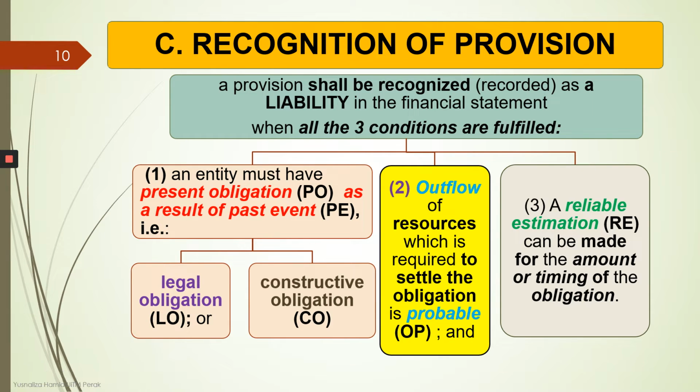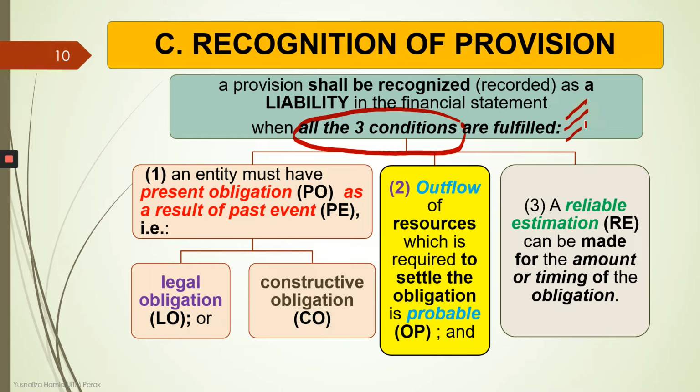So when we talk about past event that give rise to present obligation, this is one of the important criteria for us to understand before we can recognize there is a provision. So according to MFRS 137, you will recognize a provision if all three conditions are being fulfilled.